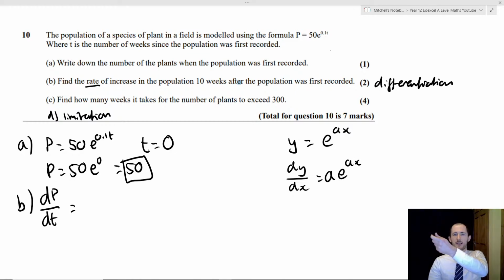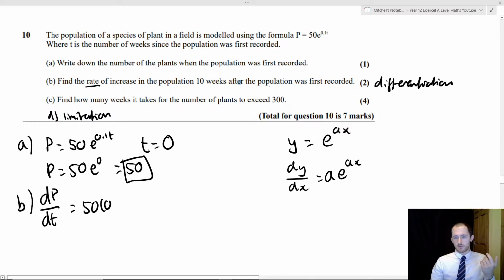So all you do is you bring the thing forward. So here I'm bringing 0.1 forward, so we have 50 times 0.1, times by the exact same thing again. So 50 times 0.1 gives me 5 e^(0.1t). Okay, differentiating exponentials is super easy.